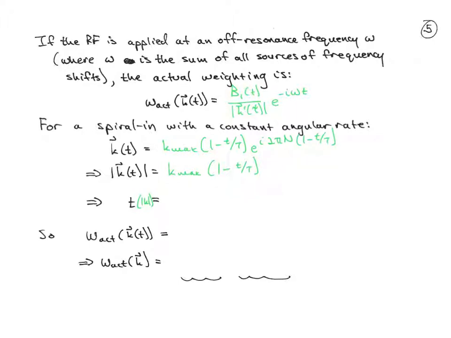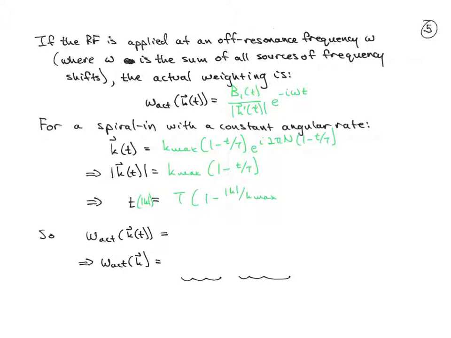We can rework this into an expression for t as a function of the absolute position in k-space, which is equal to T times 1 minus magnitude k over k max.